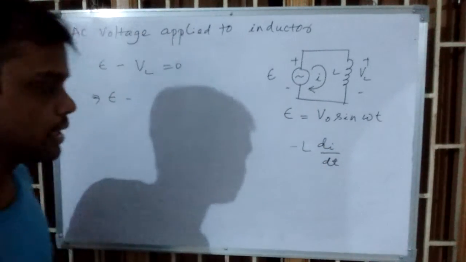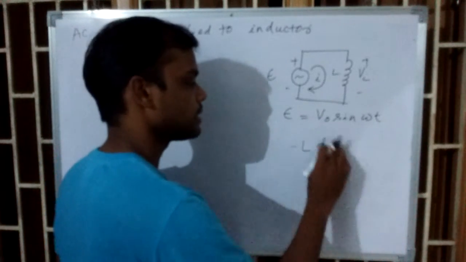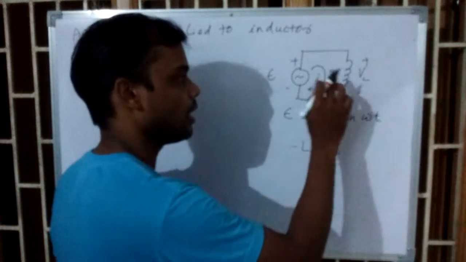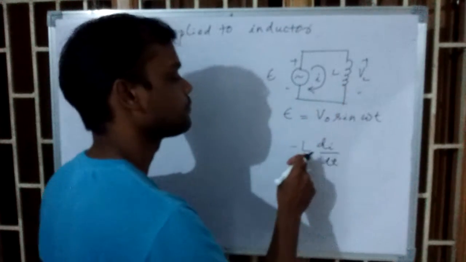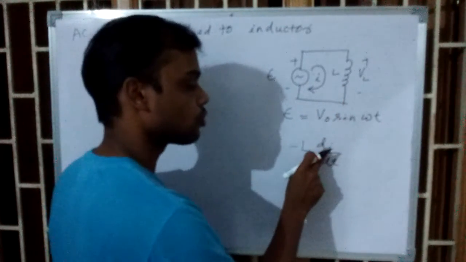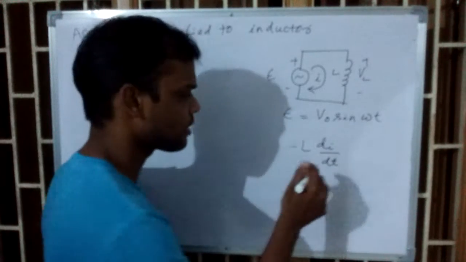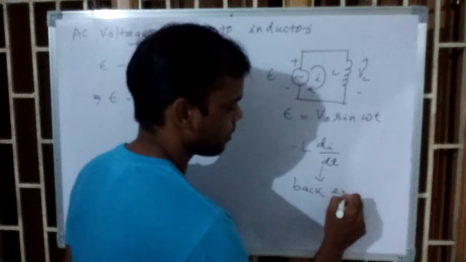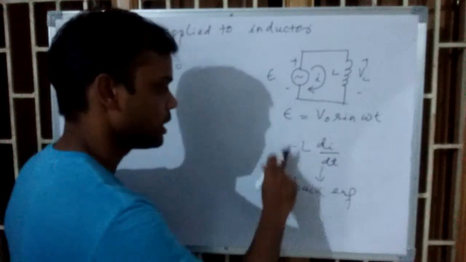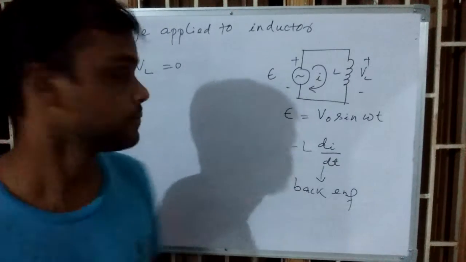Recall, in electromagnetic induction we studied that the voltage in an inductor or solenoid, by its own current I, is equal to L di by dt. You can also call it back EMF because it is a reaction to the external current. That's why it is called back EMF.